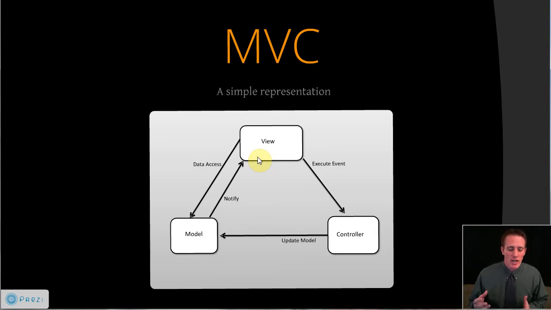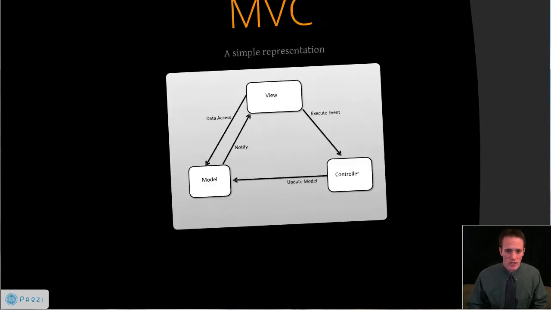In that way, a model will usually keep a list of its observers, and when a change happens, it will iterate through those observers, notifying them about that change. And then, as I said, the view will call the model, usually with an accessor or get method, to retrieve that latest data. Now, to make all this more concrete, let's take a look at an example.